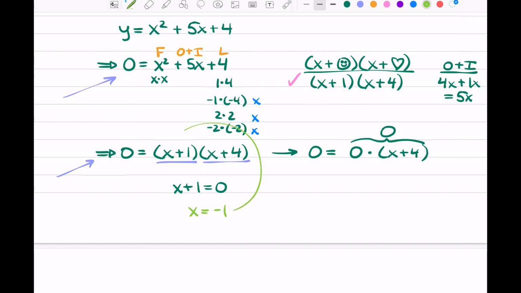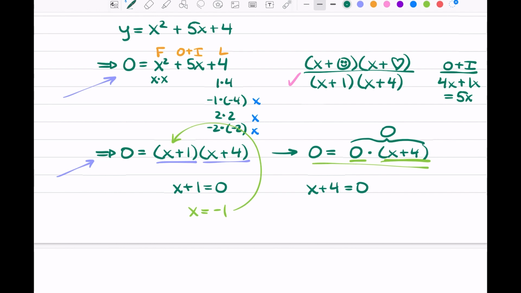So if we plug -1 in for x right here, that first factor becomes 0. And then we get this situation here, where we'd have 0 times x plus 4, which equals 0. And so our equation would be true. And we can say the same thing for x plus 4. If x plus 4 was equal to 0, then our left side would equal the right side.